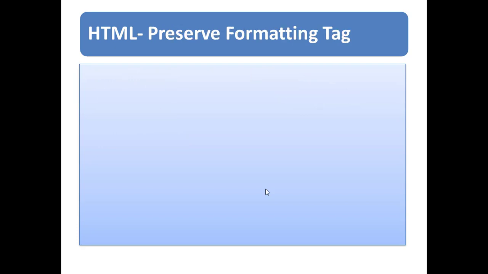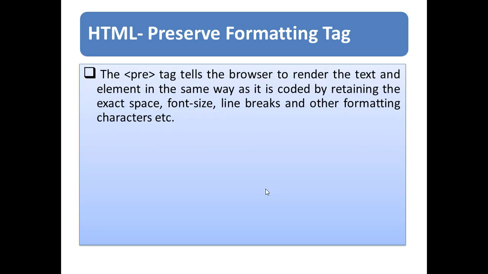The next one is preserve formatting tag. The pre tag tells the browser to render the text and elements in the same way as it is coded by retaining the exact space, font size, line break, and other formatting characters.